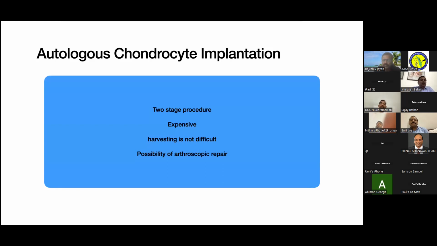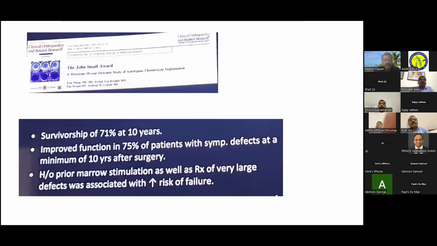Occasionally, you can possibly do arthroscopic repairs, especially in the medial femoral condyle lesion, where you can do it with a dry scope. That is possible only occasionally, but the majority I have done as open procedures. But the problem is the evidence says about 70% success rate at about 10 years. So it's not 90% or 100%. This also starts weaning off after a particular period.